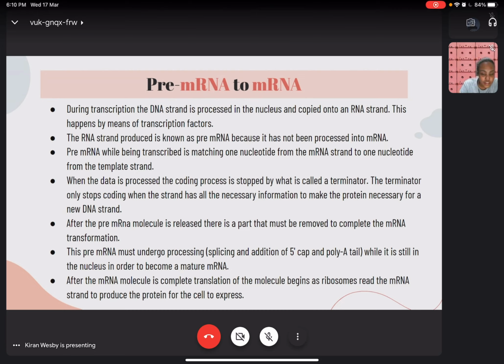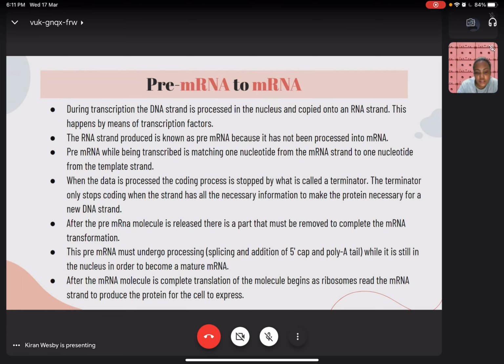And then at the 3 end of the tail, you have the addition of a poly A tail. Now, when you have your poly A tail, you need to have a polyadenylation signal. The polyadenylation signal allows the enzyme to know when the end of the chain is being cut off by the terminator, so you can add the poly A tail.